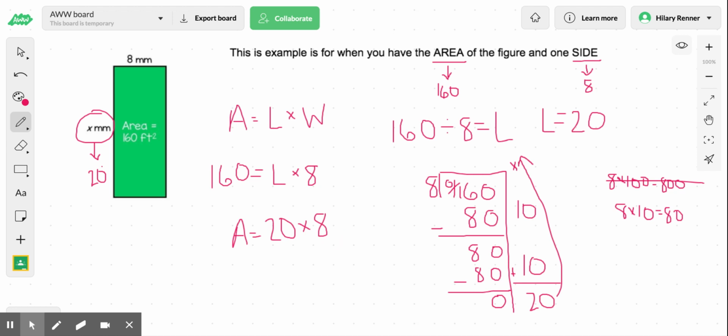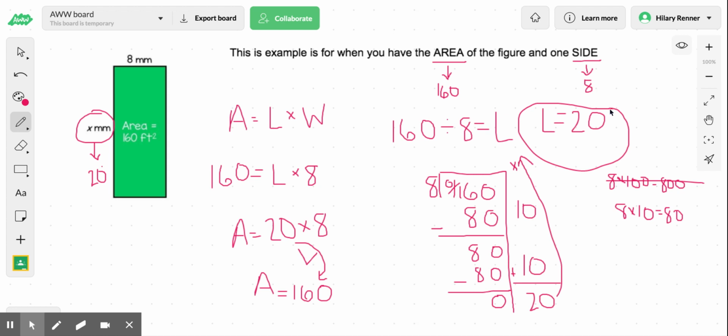Well, 8 times 2 is 16. Add in that 0. And our area is 160. So my missing side length that we had to divide for is in fact 20.